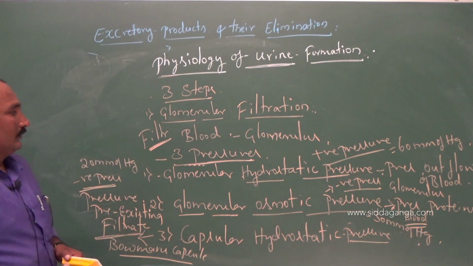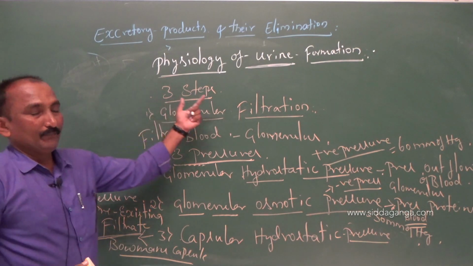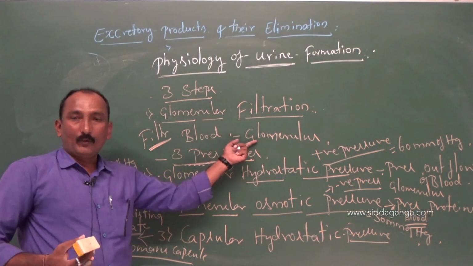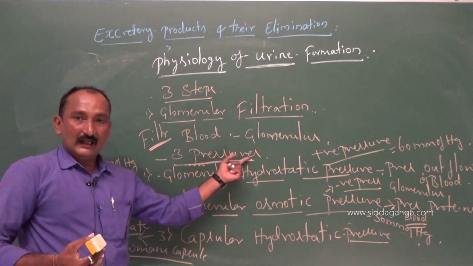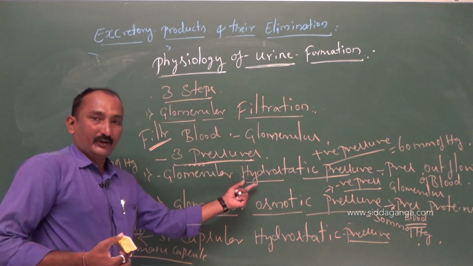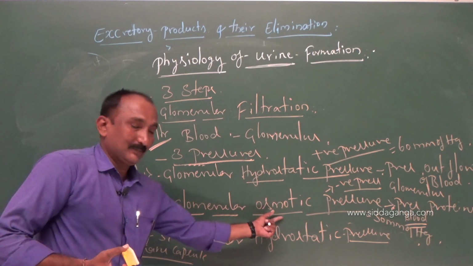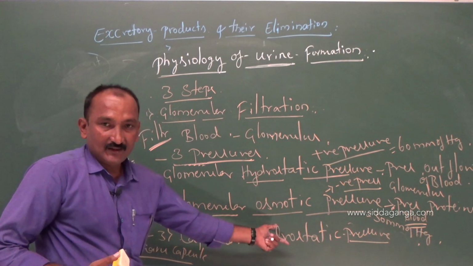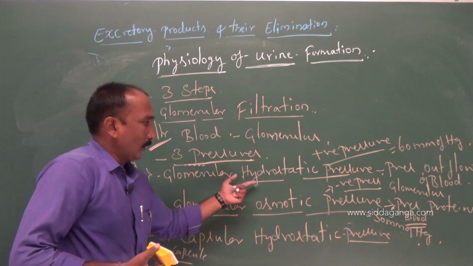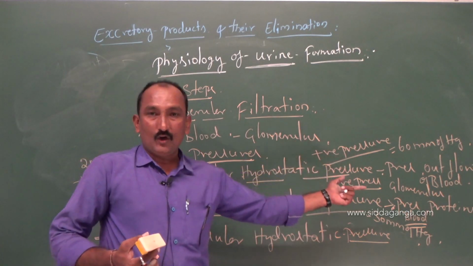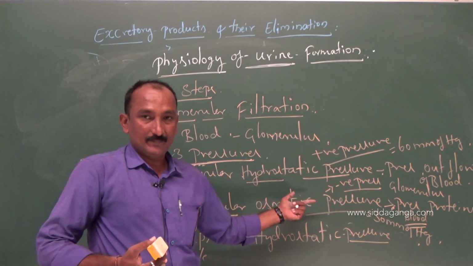So for the filtration of the blood from the glomerulus, three pressures are involved: glomerular hydrostatic pressure, glomerular osmotic pressure, and capsular hydrostatic pressure. Glomerular hydrostatic pressure is the pressure exerted by the blood in the glomerulus.